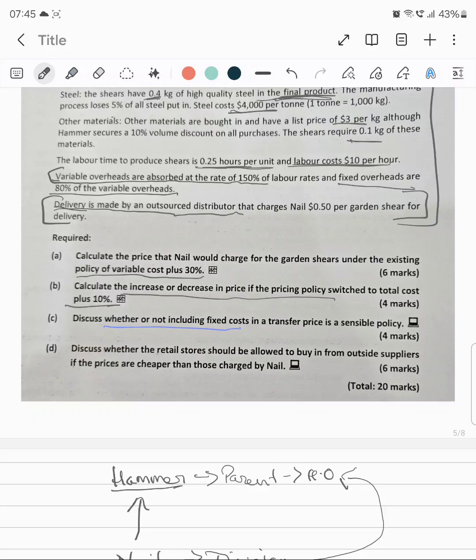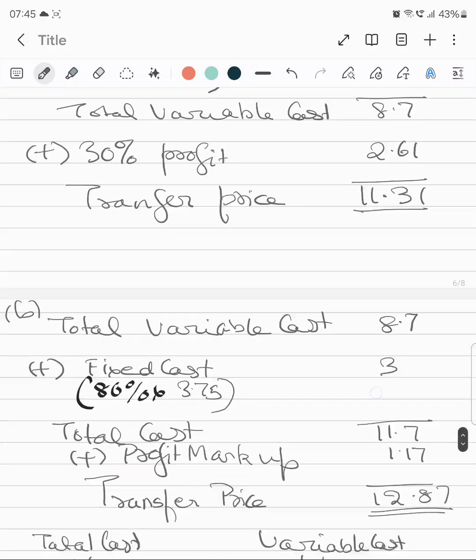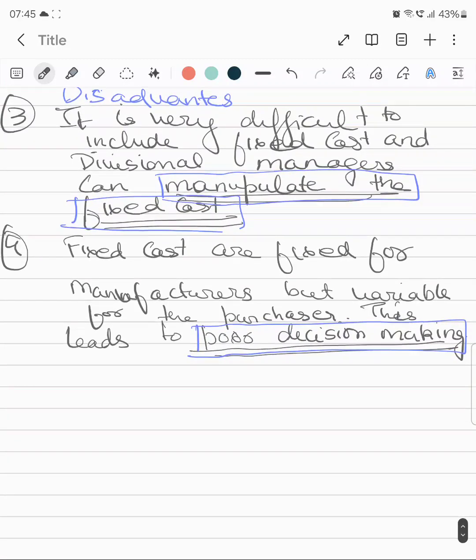Discuss whether the retail store should be allowed to buy from an outside supplier if the prices are cheaper. So it's asking whether we should buy from outside or not. There are several challenges when we buy from outside. For the D part, first of all is consistency in delivery.